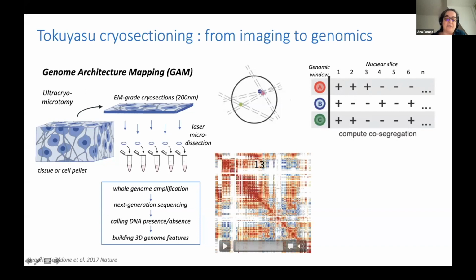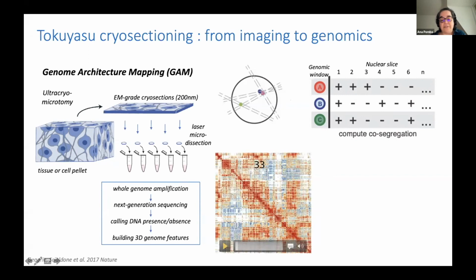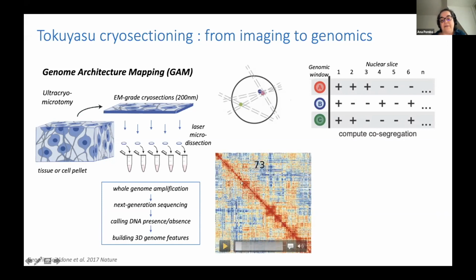One way to understand how this method works is to just look at us collecting the data here. This is a matrix of contacts along the genome, a small part of the genome. If we collect 13 slices, you can already see a pattern, but of course you don't believe it because there are a lot of pieces of this matrix that are not filled. So you continue to collect, and after 33, it's looking better, but perhaps you're still not fully satisfied. But then you do a few extra dozens, and you will now see that the pattern is becoming crystalline.